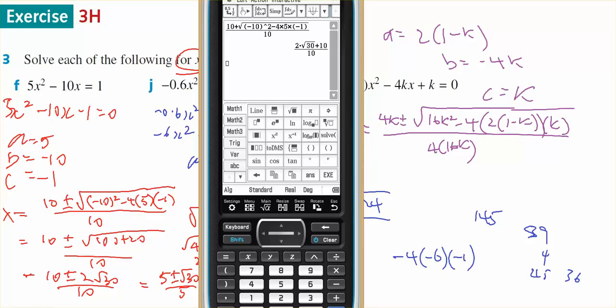And that gives me an answer of 2 root 30 plus 10 over 10 plus or minus, which is exactly what we got.